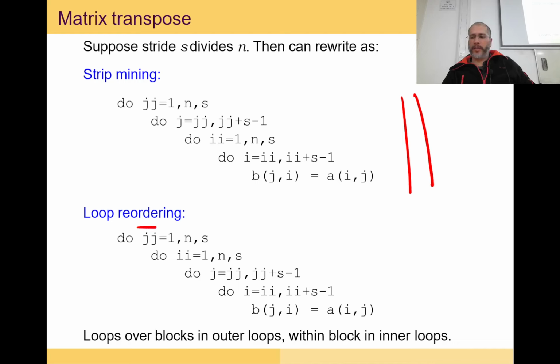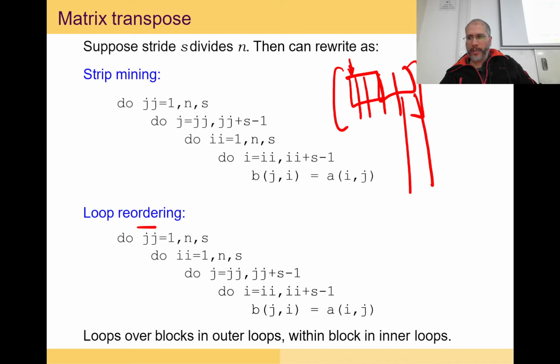So in the first case, if you look at it, we do columns, we go in strides, and then we visit the individual elements. So you have lots of columns, and you have broken that into blocks like this. First you fix the block, and then inside the block you visit the different columns.